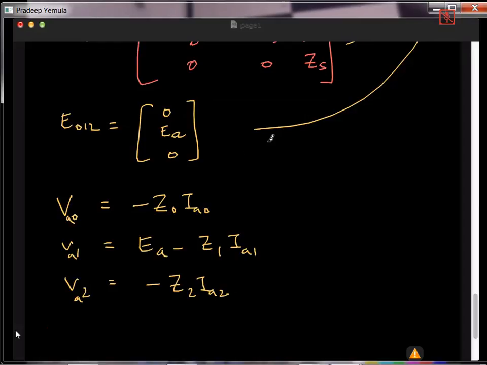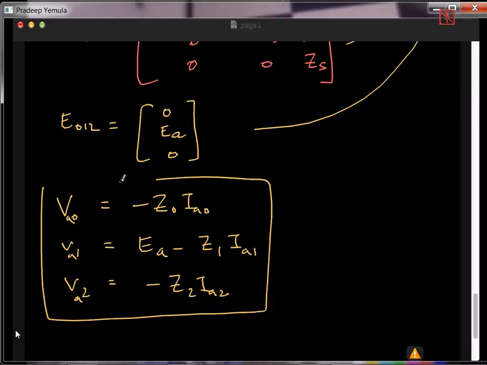Again, this is just simple substitution. These are the important equations for the sequence components of a generator.